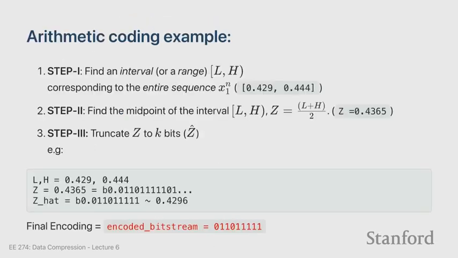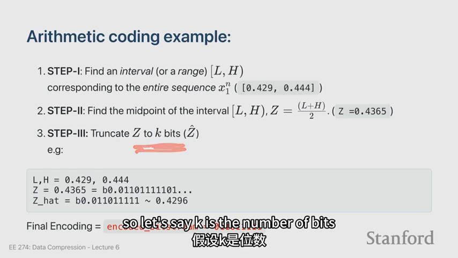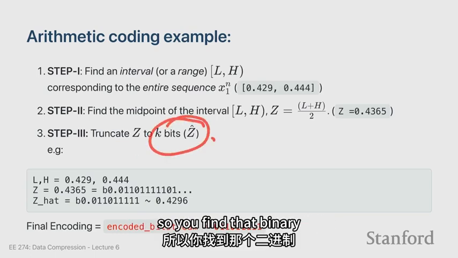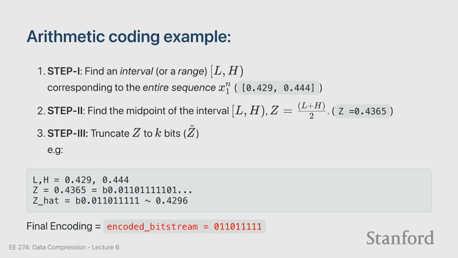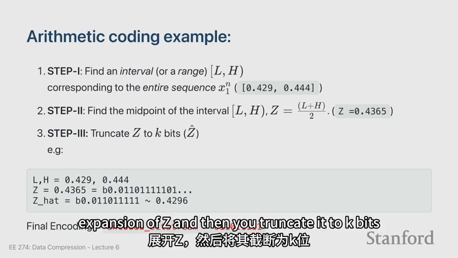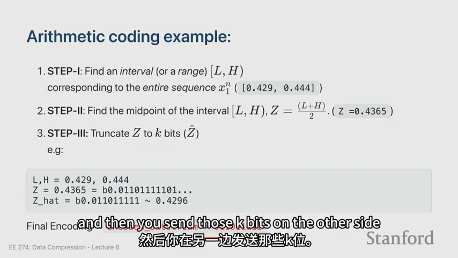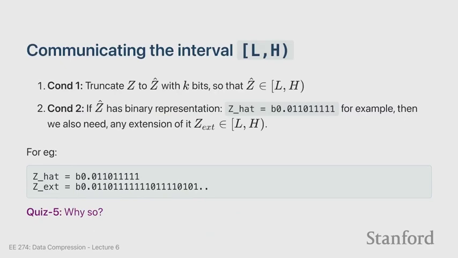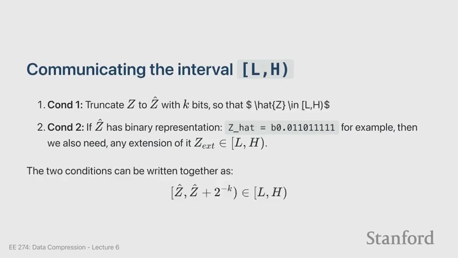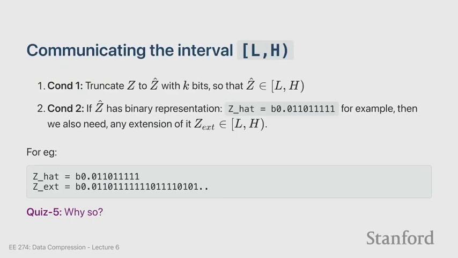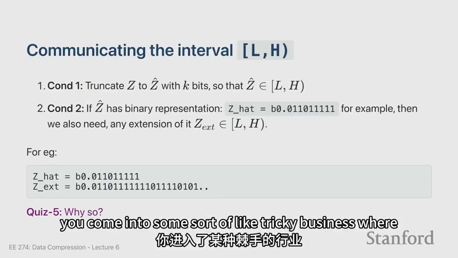So let's say K is the number of bits you decide to truncate it to, right? You find the binary expansion of Z, truncate it to K bits, and then send those K bits to the other side. Now you come into some tricky business.